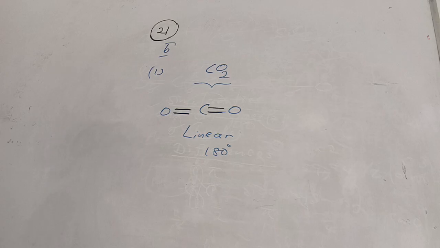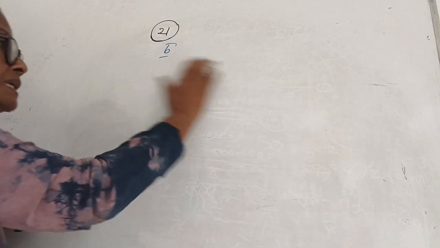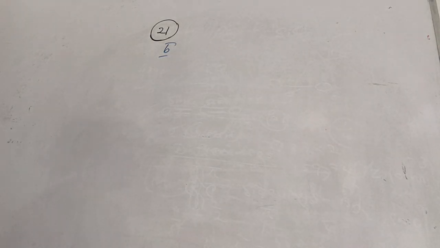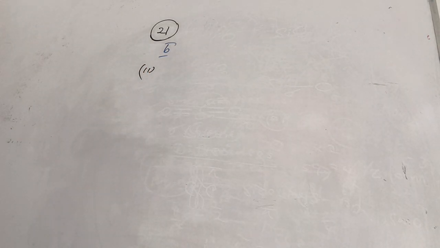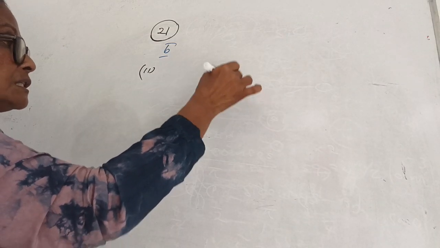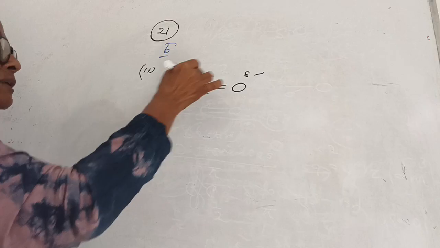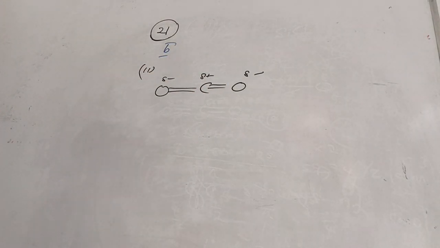Explain the polarity of the carbon-oxygen bond, which is the second part of B. It's 2 marks again. Oxygen is more electronegative. They are referring to carbon and oxygen: carbon gains a slight positive charge, and oxygen gains a slight negative charge.